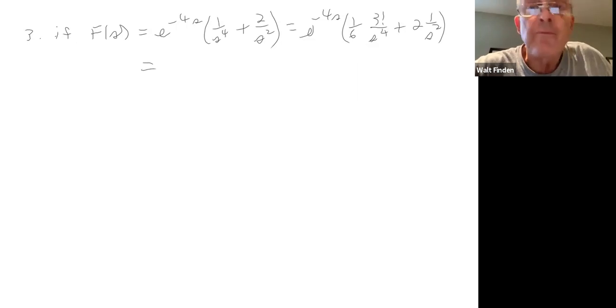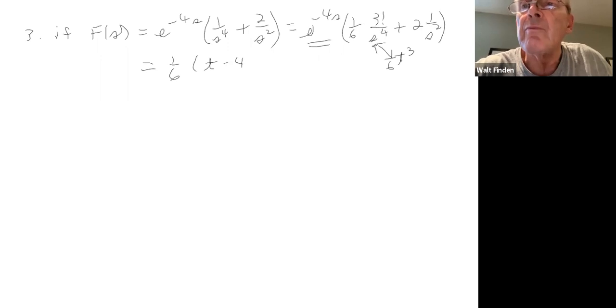1/6. And because we have an e to the minus 4s, we have the 3 factorial over s to the 4th, which would give us a t cubed. So this would be a t cubed type, 1/6 t cubed. But because we have that there, we have 1/6, so it's shifted: t minus 4 cubed.